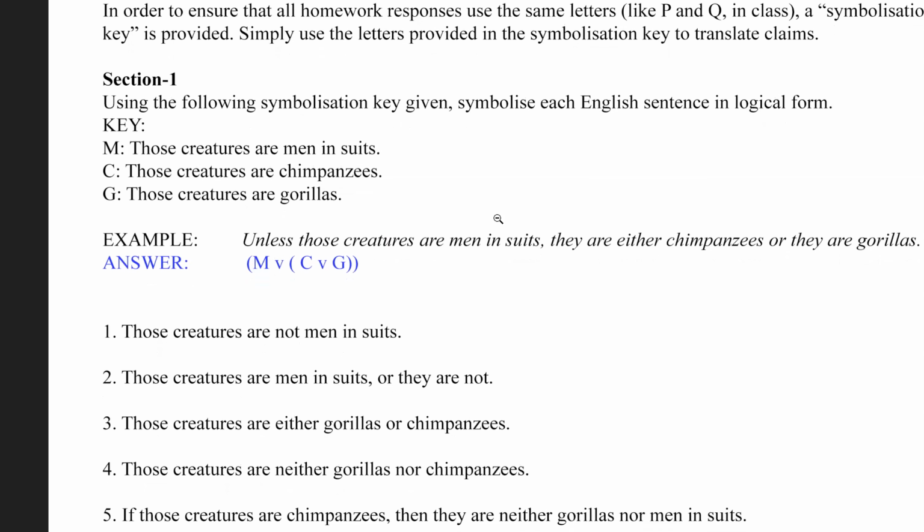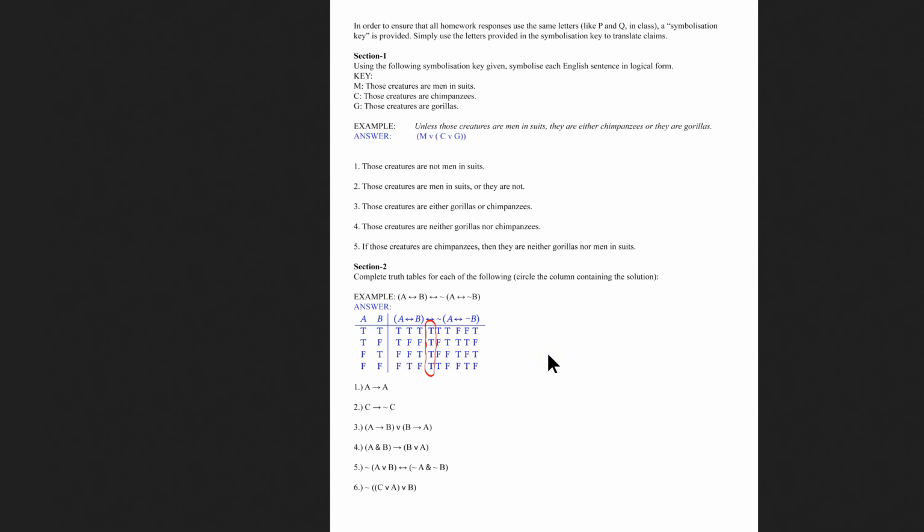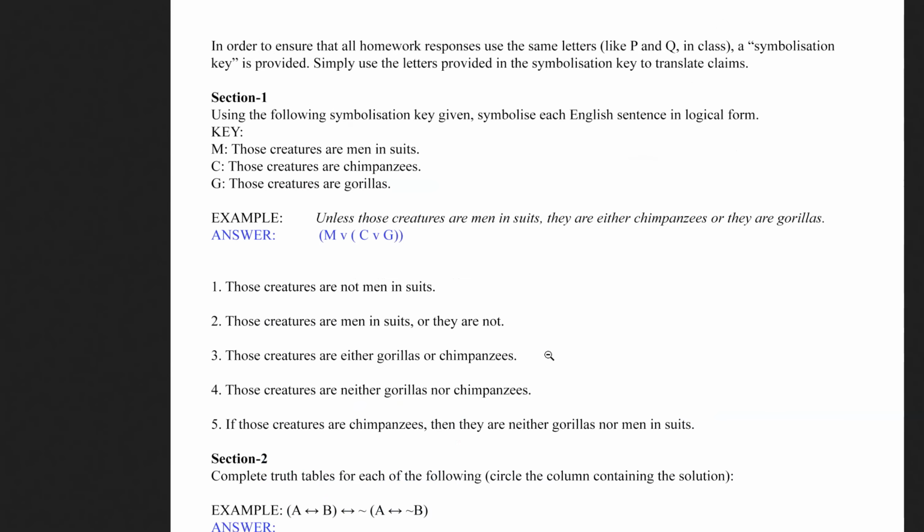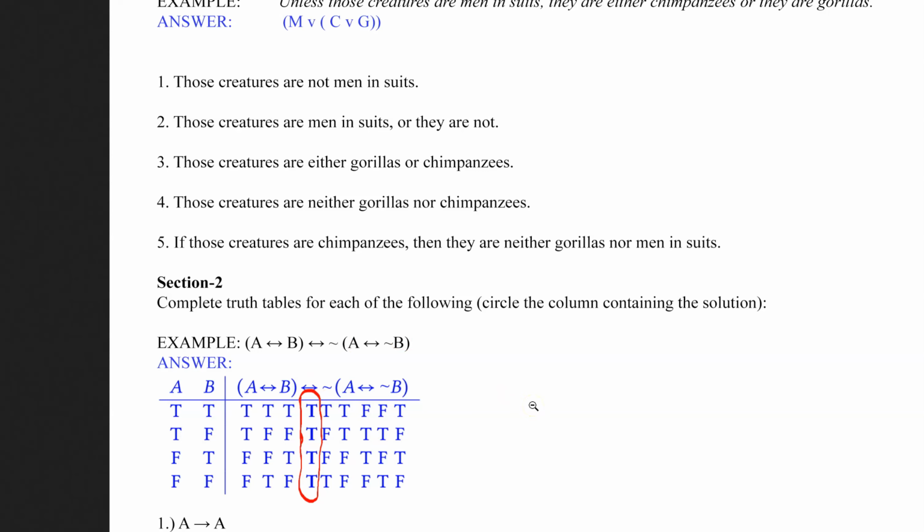That will be next week. So please just answer questions 1 through 5 in section 1, in the text box provided, and then we'll go on to learn about truth tables in next week's lecture.